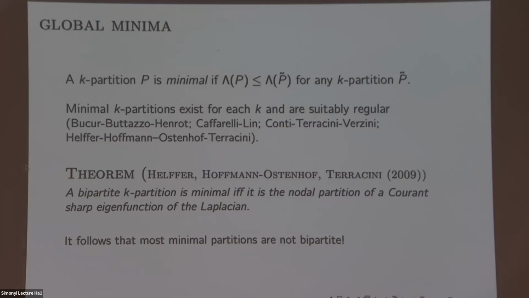I didn't write it on the slide, so maybe I'll tell you what I mean by Courant-sharp here. So I've got my domain omega. I'm looking at my eigenfunctions for the Laplacian. I'm going to assume Dirichlet boundary conditions on the external boundary of my domain. I'll order the eigenvalues in increasing order, so lambda 1, lambda 2, lambda 3, etc., repeated according to their multiplicity.